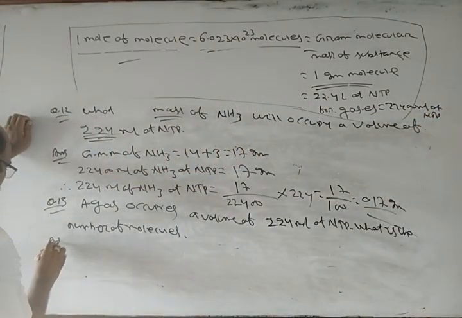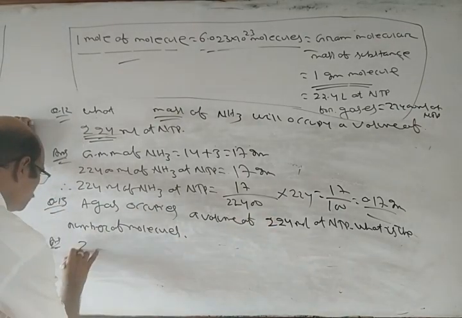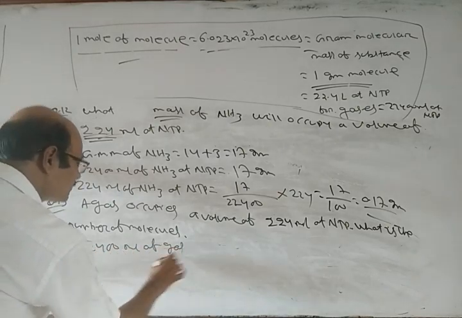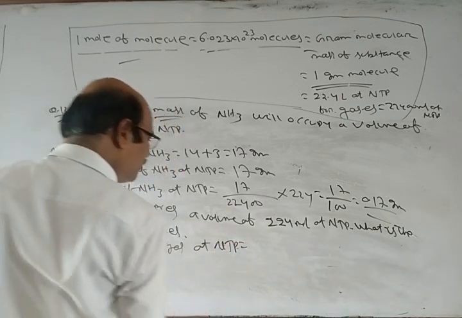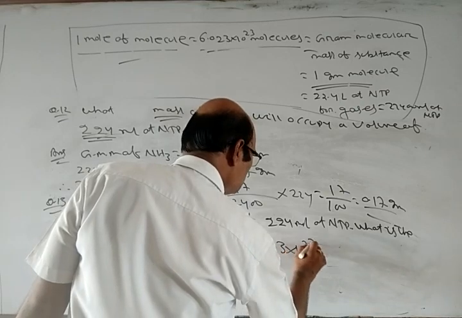Okay, so what will I do? A gas occupies a volume of this much. So 22400 ml of any gas at NTP equals how many molecules? 6.023 into 10 power 23 molecules.